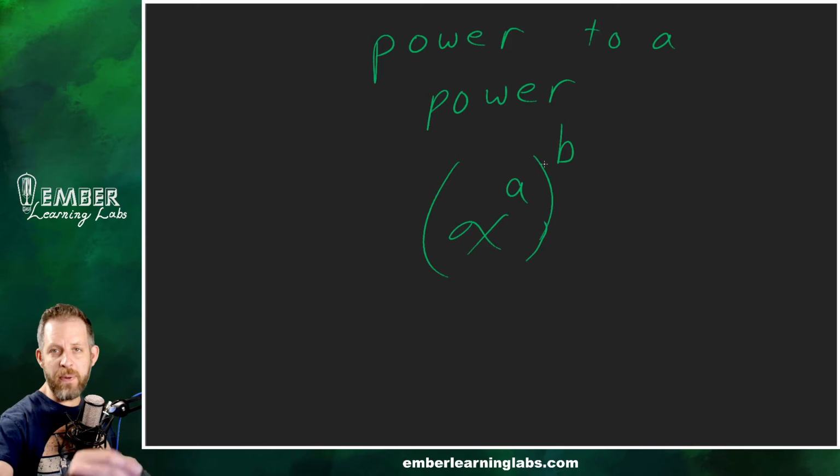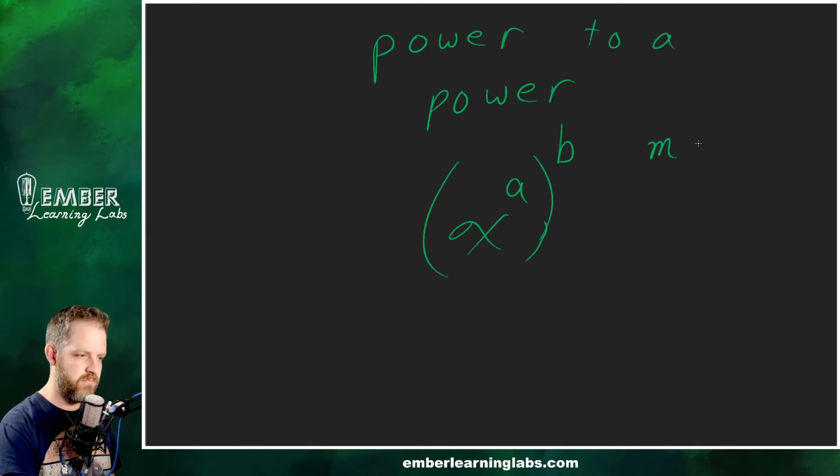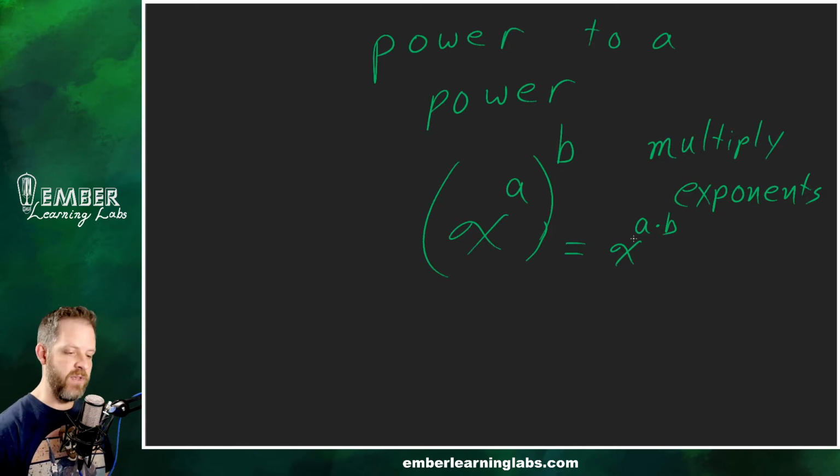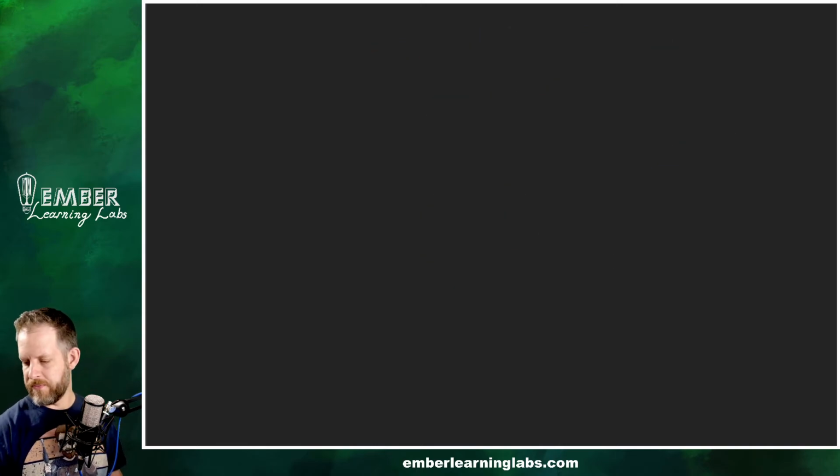If we have a power to a power, we multiply the exponents. So in this definition, if you will, it's x to the a times b, which would be x to the ab, right?